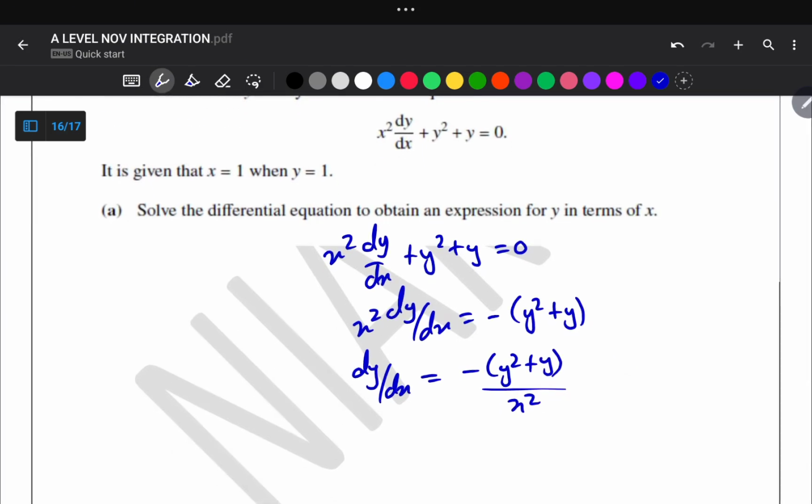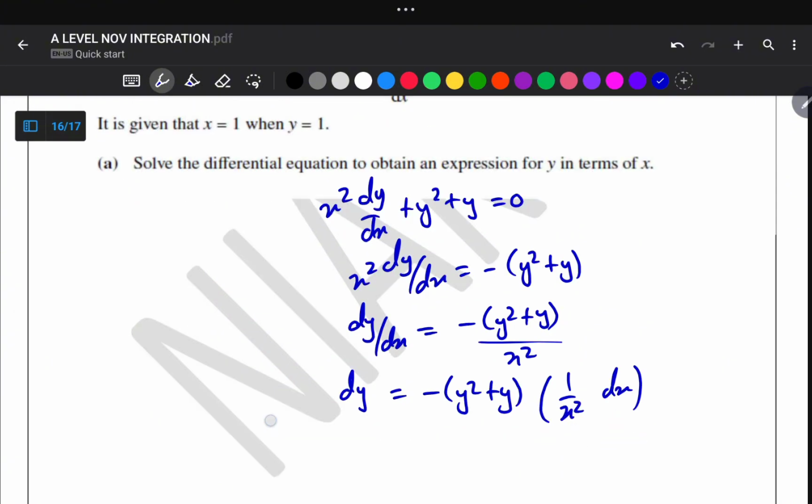If we multiply both sides by dx, it is now dy being equal to negative y squared plus y multiplied by 1 over x squared dx. Here let us divide both sides by y squared plus y. So it is now 1 over y squared plus y dy is equal to negative 1 over x squared dx.